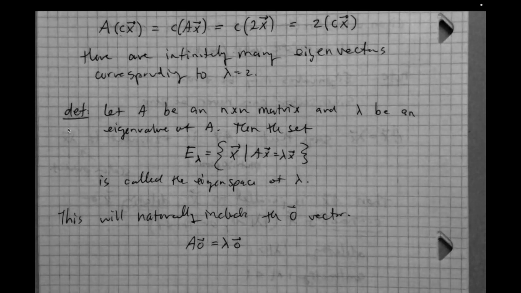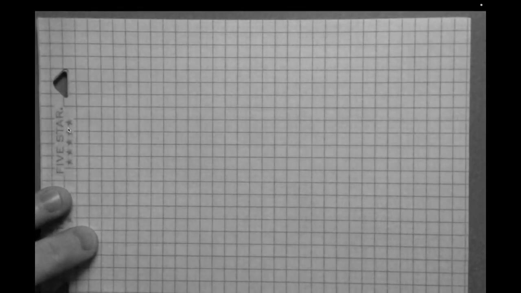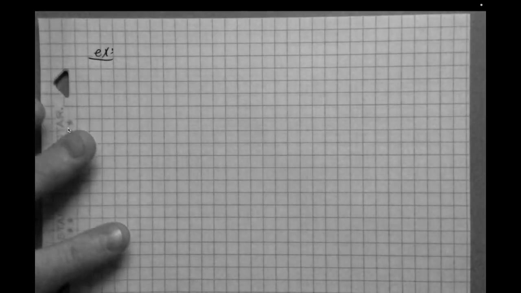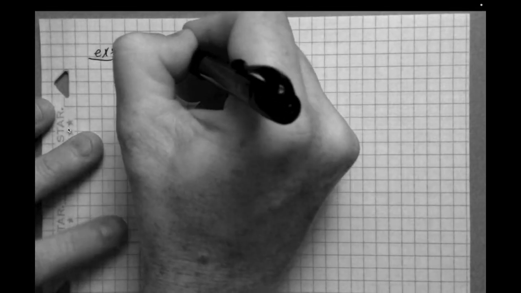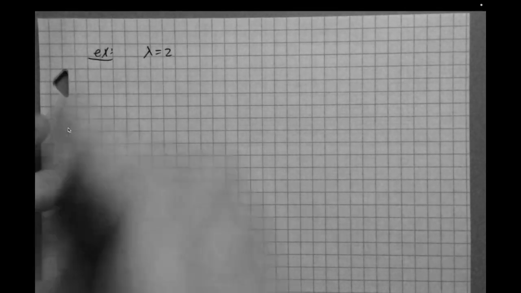Okay, very good. Just to drive that idea home, we had this matrix A, and we found that lambda was equal to 2. And we had a specific eigenvector that we identified.